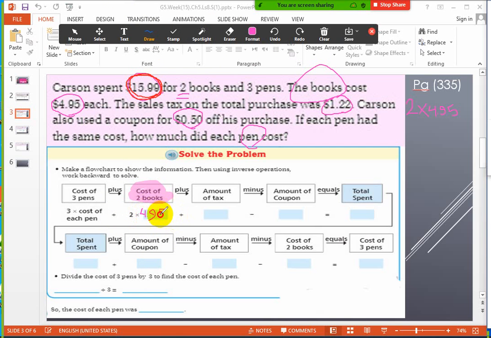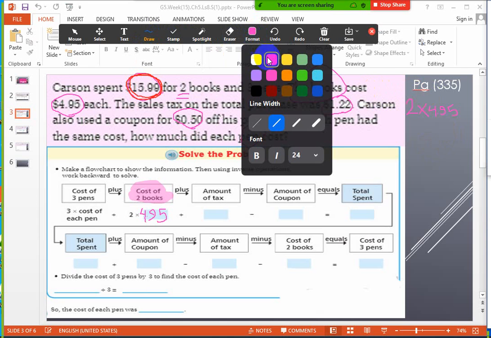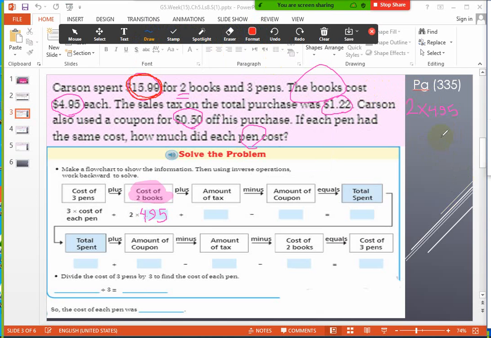4.95. Okay. Also, this money goes for 3 pens, and I want to find the cost for each pen. So I have 3 pens, but I don't know the cost for each one. That means I have to find the cost for the pen, which is the unknown number that I want to find.